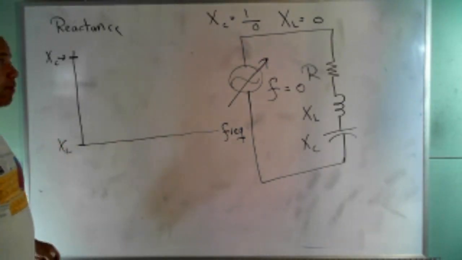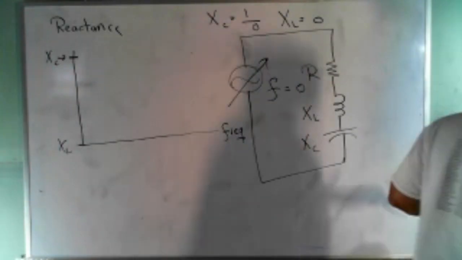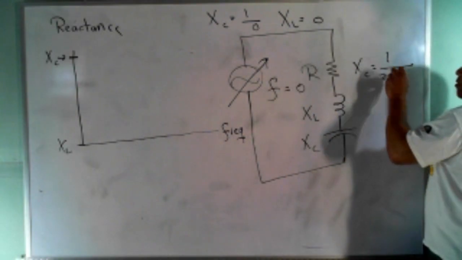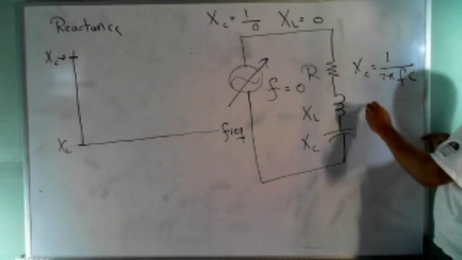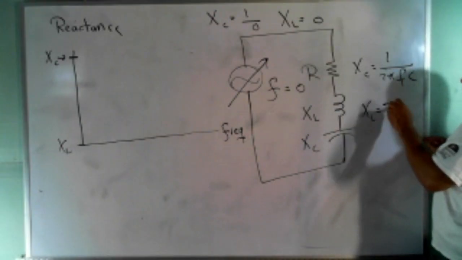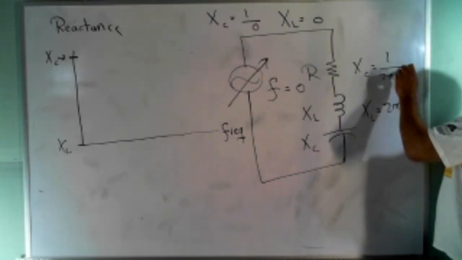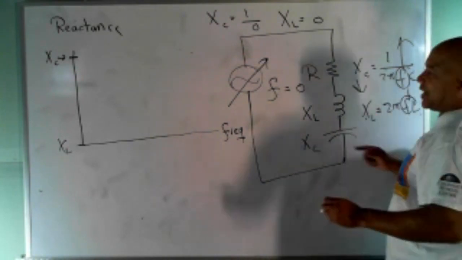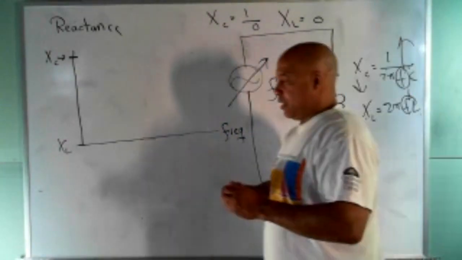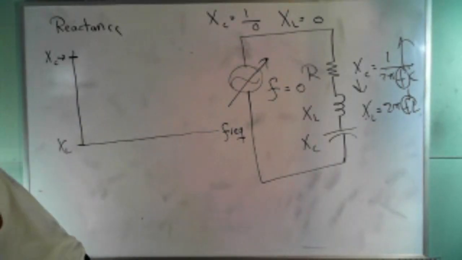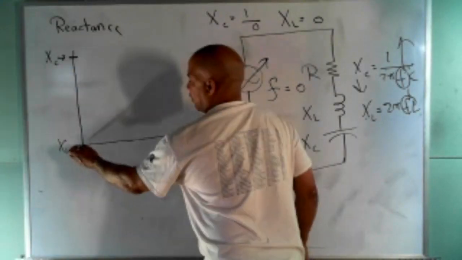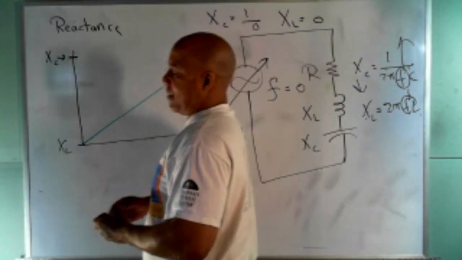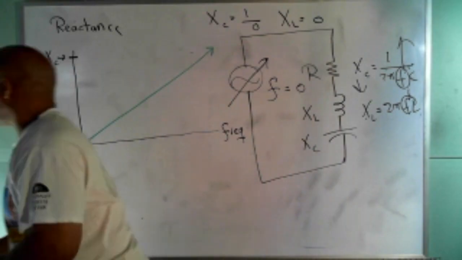XL is right there. So if you look at the equations again, XC is 1 over 2 pi FC, and XL is 2 pi FL. As I increase F, XC goes down, and XL goes up. So as I turn the frequency higher and higher, XL is going up, and at the same time XC is going down.